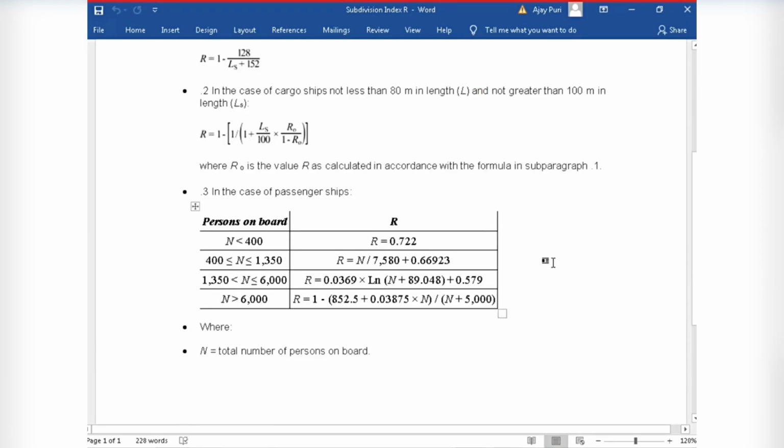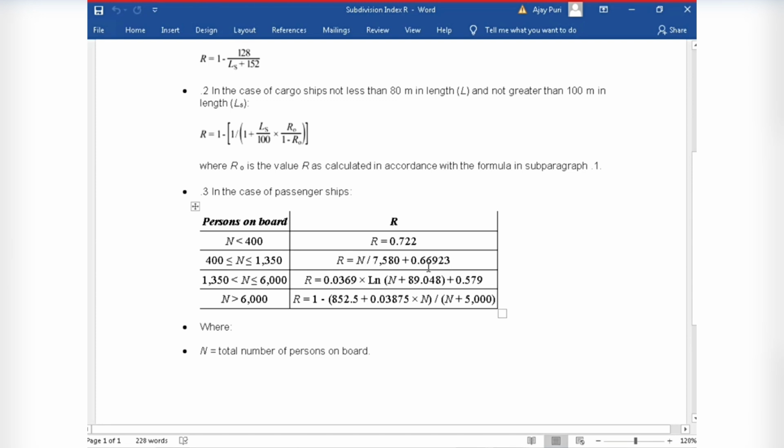Now for passenger ships, we have another R value. If the number of passengers is less than 400, then R is given as 0.722. If it is between 400 and 1350 passengers, R is given as N divided by 7580 plus 0.623.